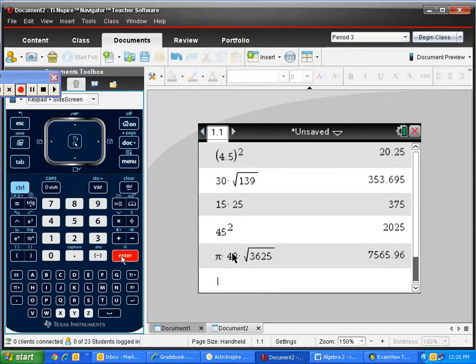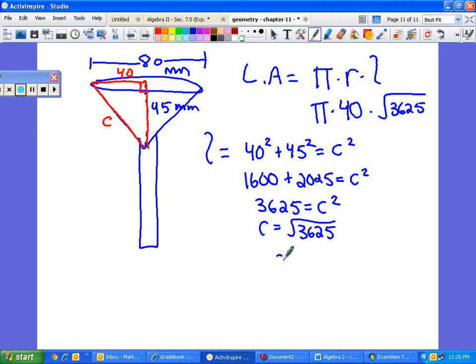Hit enter. 7565.96. And then you just round to whatever it says. Let's say they want the nearest whole number. 7566, and our unit is millimeters squared.